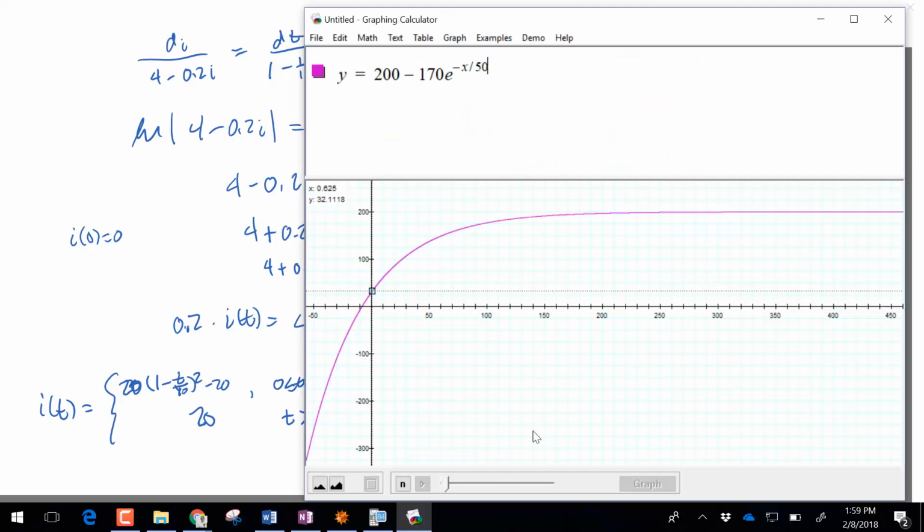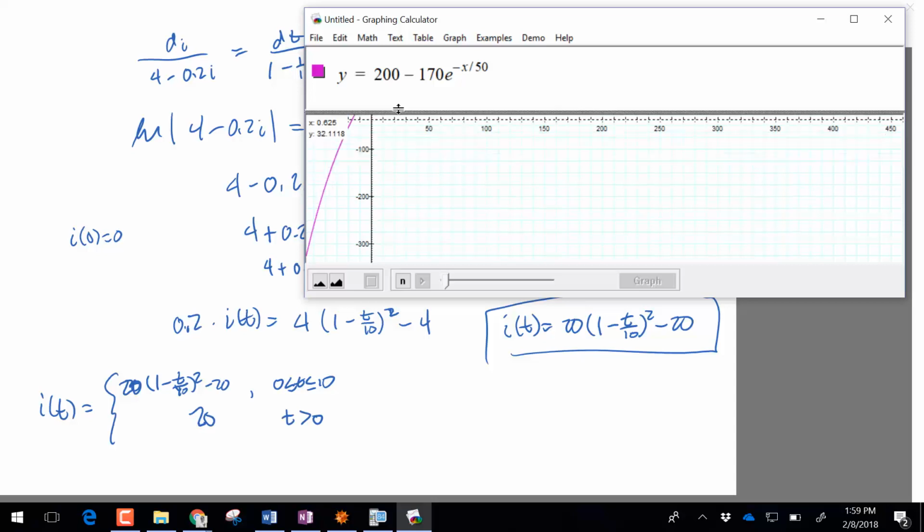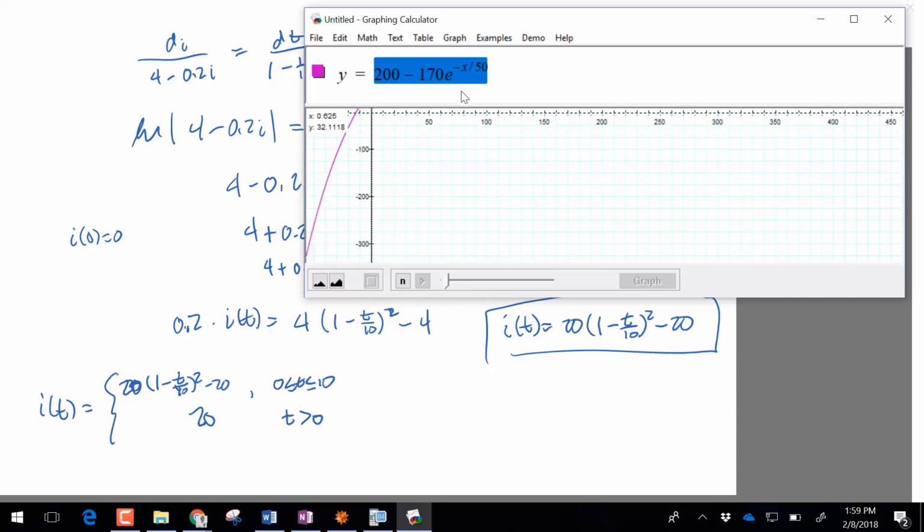Well, let's graph it. So y equals, let's see, 20 times 1 minus x over 10 to the second power minus 20, and this is good if 0 is less than or equal to x less than 10.